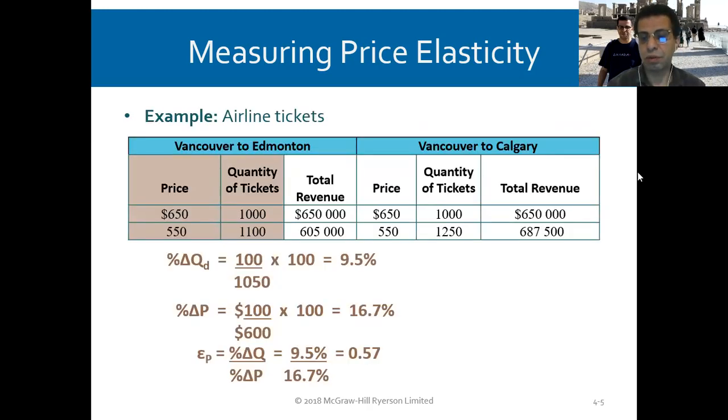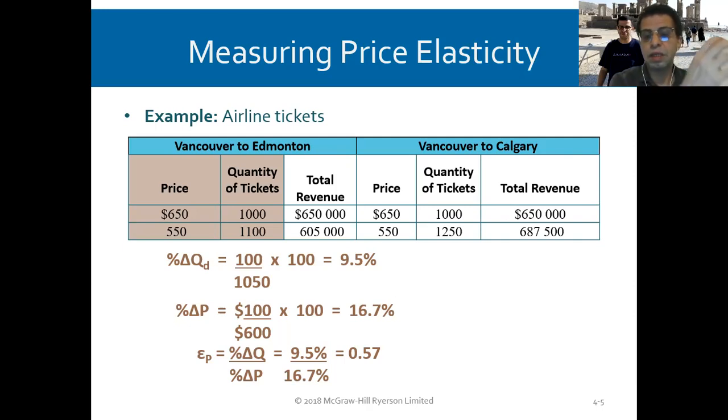Now, as an example, to help you understand what's going on, say you travel from Vancouver to Edmonton or from Vancouver to Calgary. Now, at a ticket price of, say, 650, there are around 1,000 people willing to travel. As the price goes down, suddenly 1,100 people want to travel. That will affect the total revenue they are generating also.